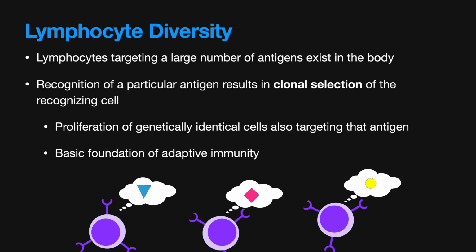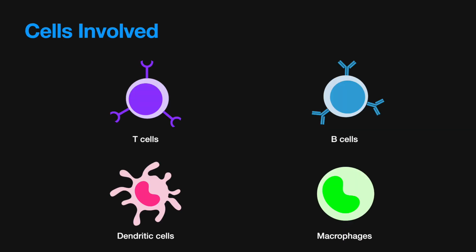This is the basic foundation of adaptive immunity, as basically once the adaptive immune system recognizes a specific antigen, it can produce millions of lymphocytes that are targeting that particular invader. So now we will discuss the major players in adaptive immunity. These are the T cells, B cells, dendritic cells, and macrophages.